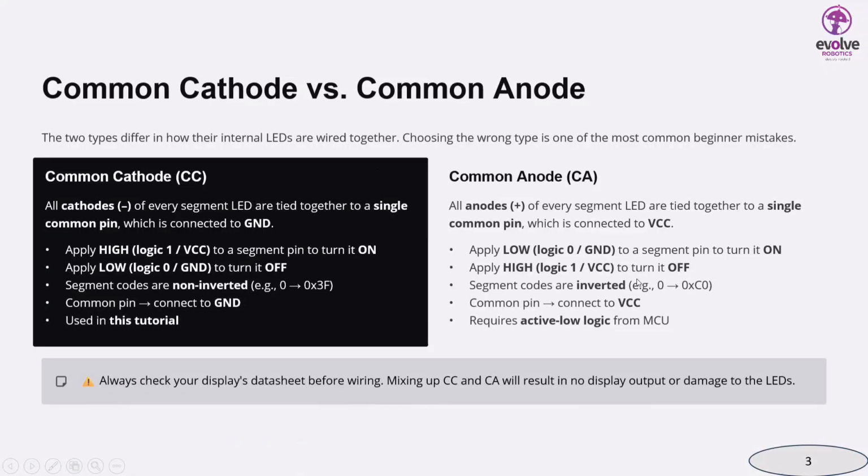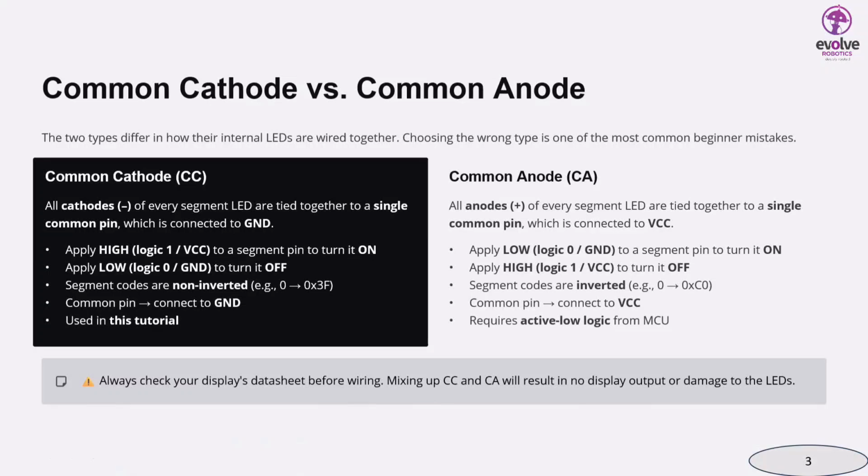To turn on a segment, we have to apply a low signal. And to turn off a segment, you have to apply a logic 1. That is the opposite way of common cathode.